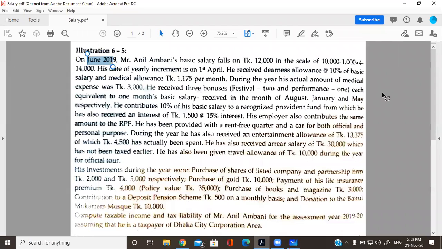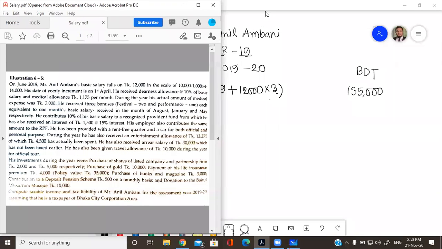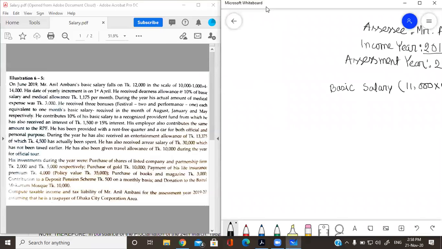So let's look at the second one. He received dearness allowance of 10% of basic salary and medical allowance of 10%. If I write dearness allowance, we have found that in dearness allowance also there is no tax exemption.